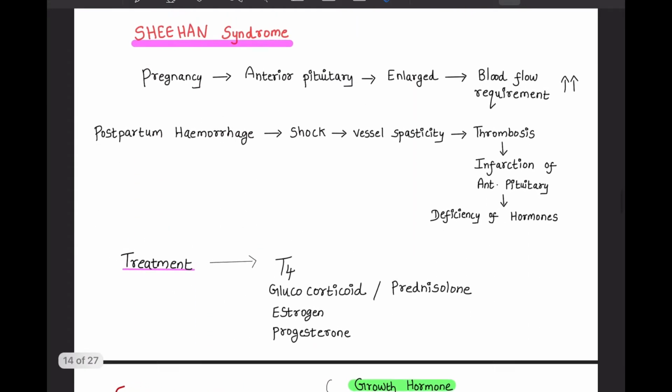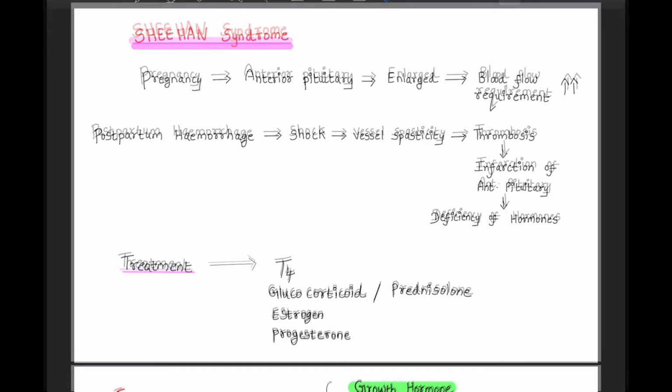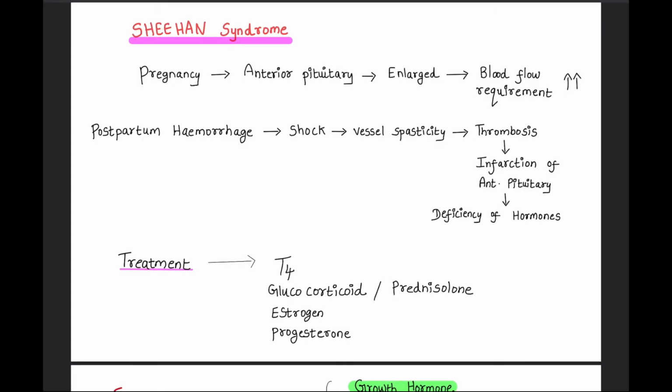During pregnancy, the anterior pituitary gland becomes enlarged. Whenever the gland is enlarged, the requirement of blood also increases. Whenever there is an increase in the size of an organ, the blood supply to that particular organ increases.